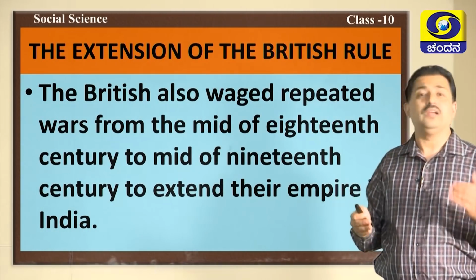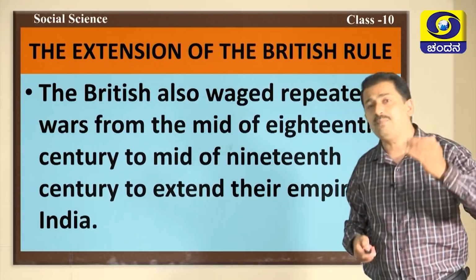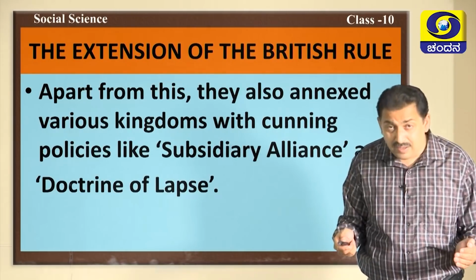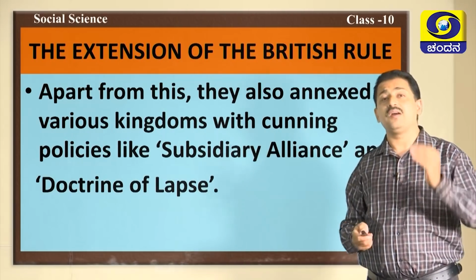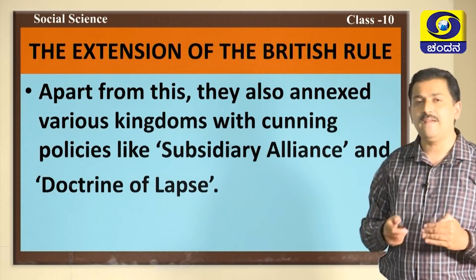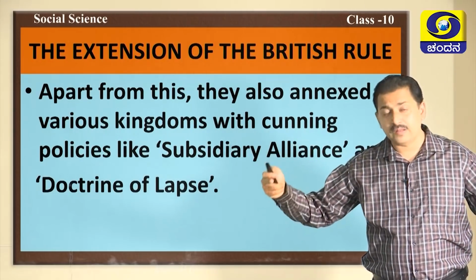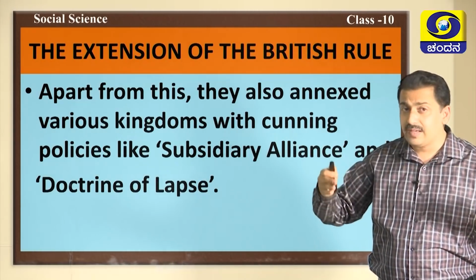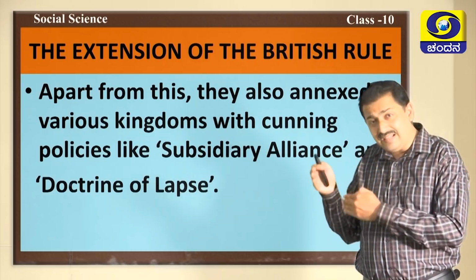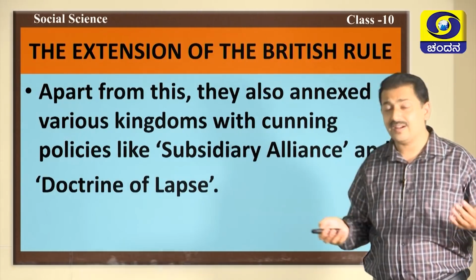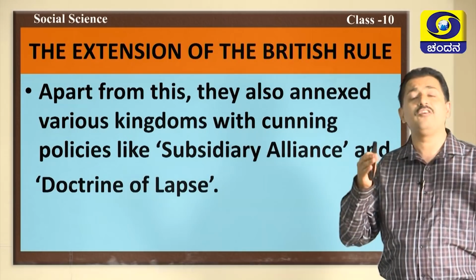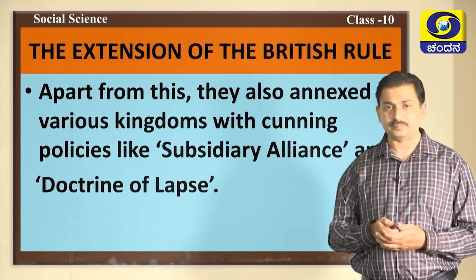Along with these, they also introduced certain cunning policies. Through cunning policies like the subsidiary alliance, the doctrine of lapse and the divide and rule policy, they expanded their kingdom day by day, year by year. And by 1830, almost all the places directly or indirectly came under the influence of the British network in India.